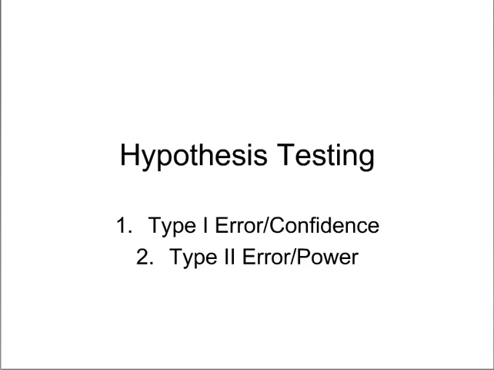Reduce your type 1 error because that is your choice, and increase your sample size at the same time. If you increase your sample size enough at the same time as you reduce type 1 errors, your type 2 errors will also fall. In other words, you'll have better information to work with.